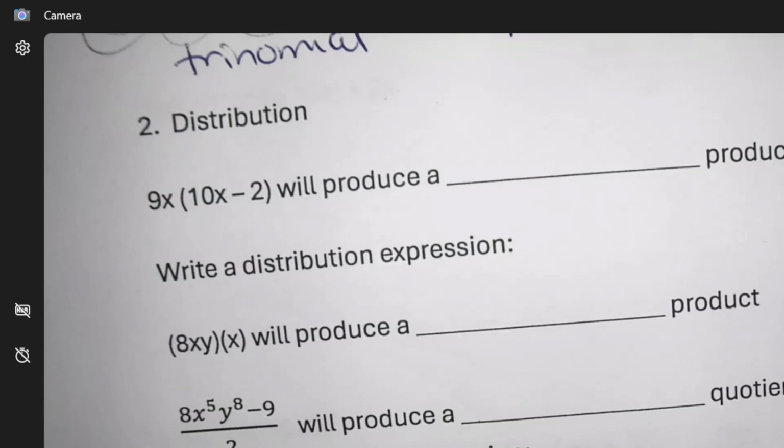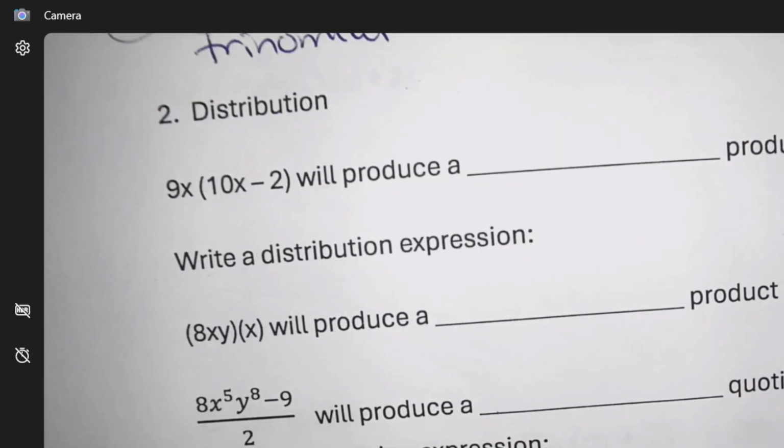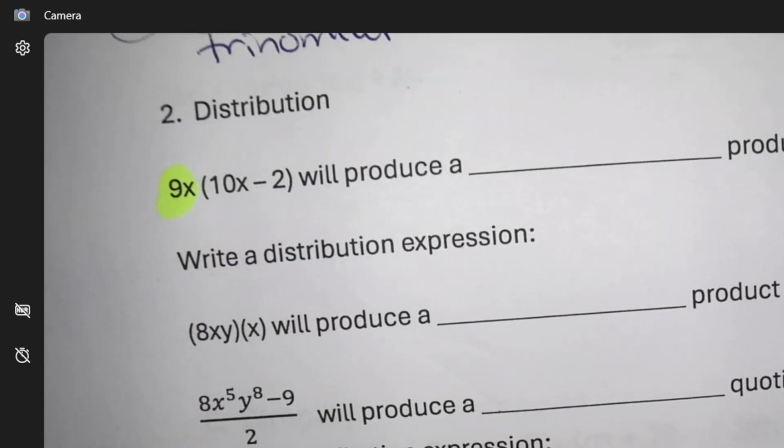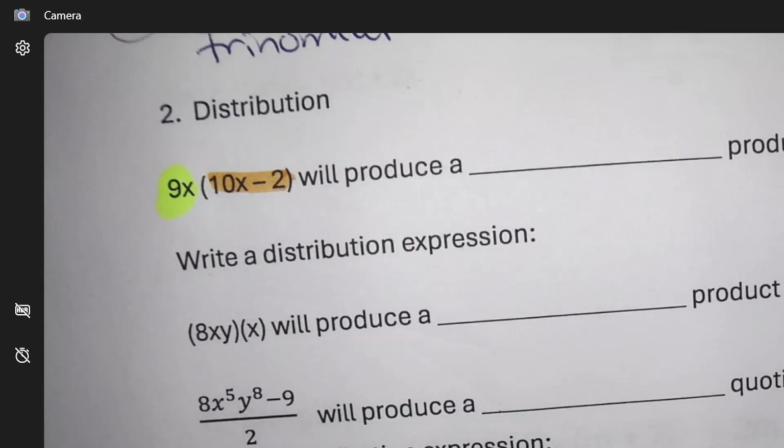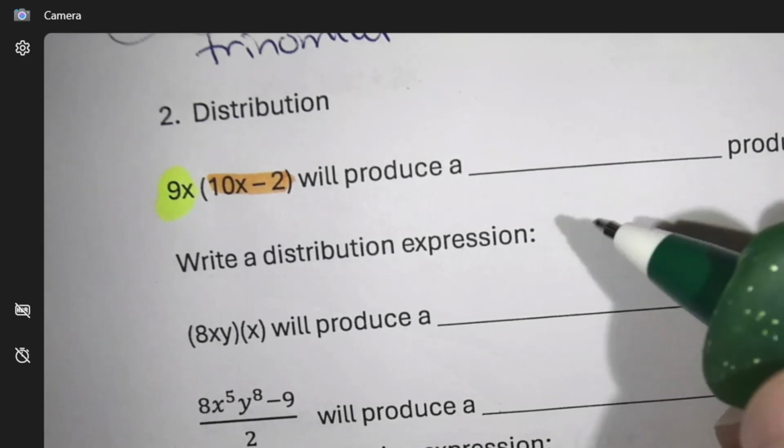Okay, on this example, I have a monomial. So this is just a monomial, and I'm multiplying it by a binomial. So the end result, which is called a product, because I'm multiplying it, the product is going to have how many terms in it when I'm done? 2.